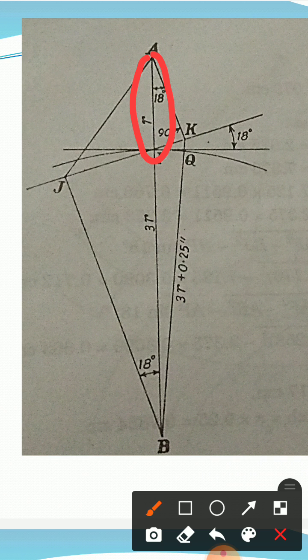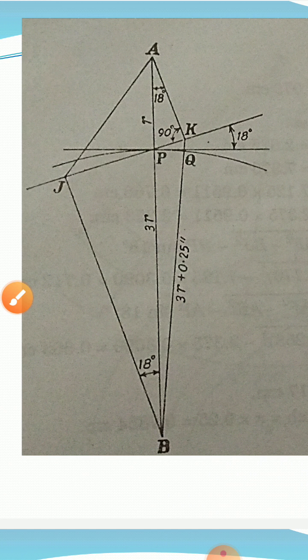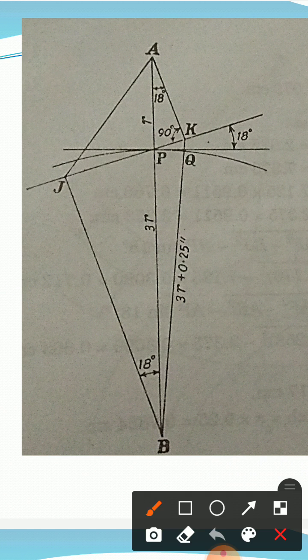Now find out this length B2K. So how can we find out this length B2K? By consideration of this BK.